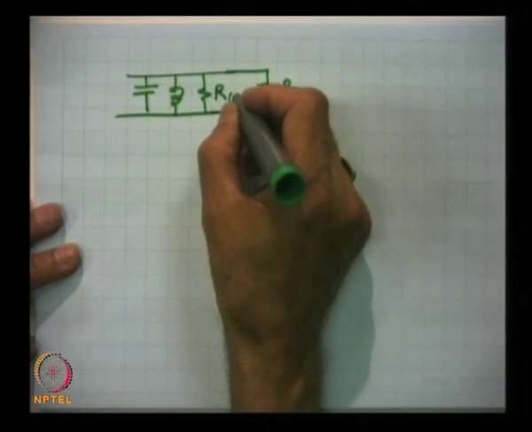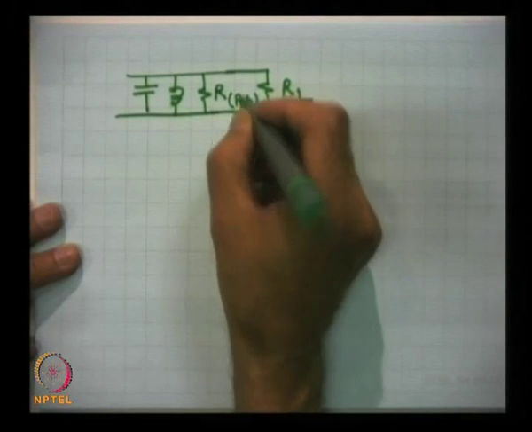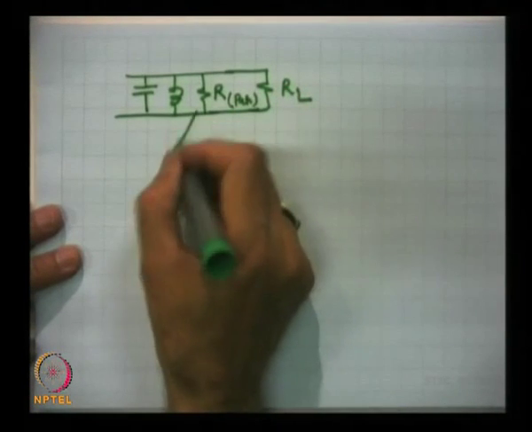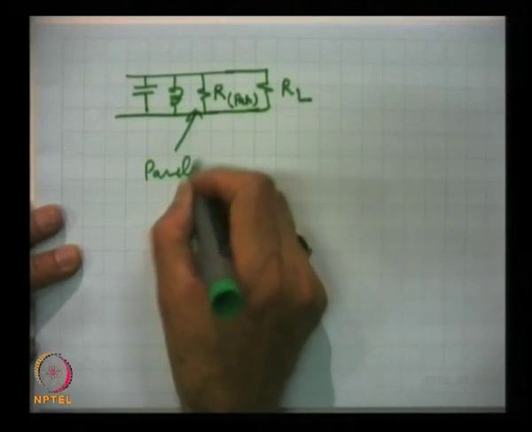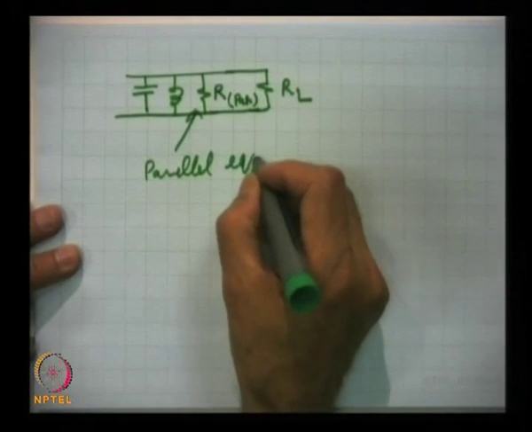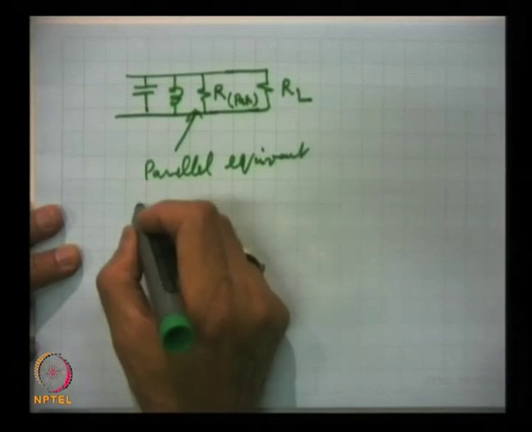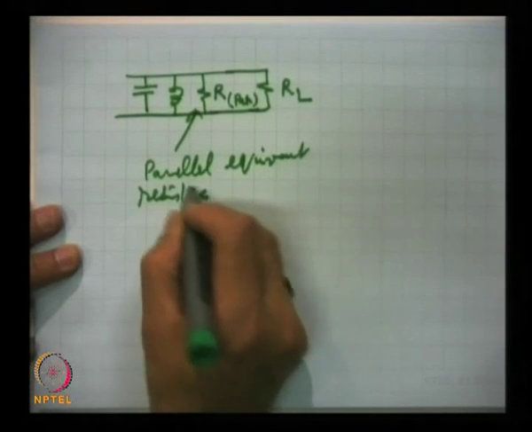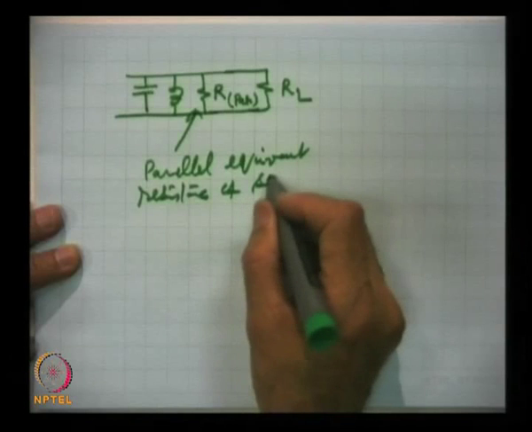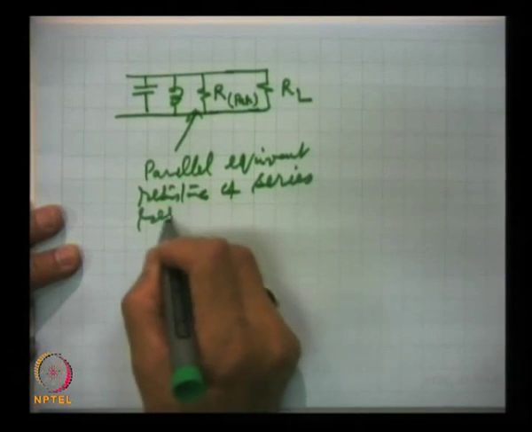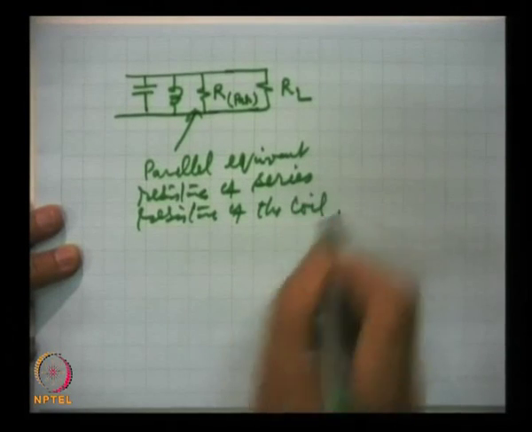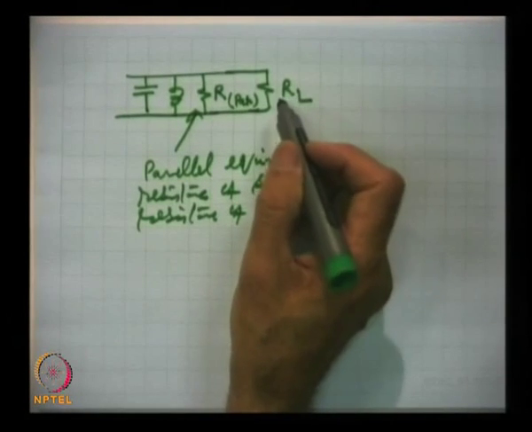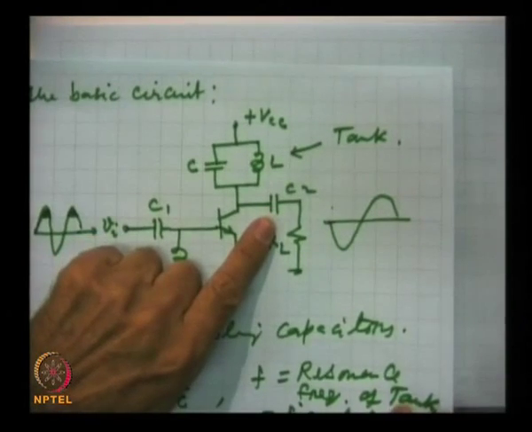So, we write R_par. This is the parallel equivalent resistance of the series resistance of the coil, and this is the load. When we do the AC analysis, then this we have to take as short.